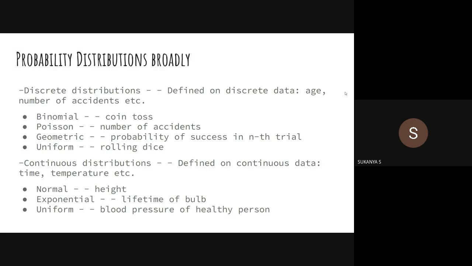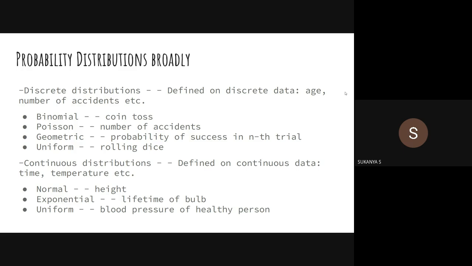You only have two possible outcomes, and the probability of success is p, so the probability of failure has to be 1 minus p. Such experiments are called Bernoulli trials, and when a Bernoulli trial is repeated n times, you get a binomial distribution.